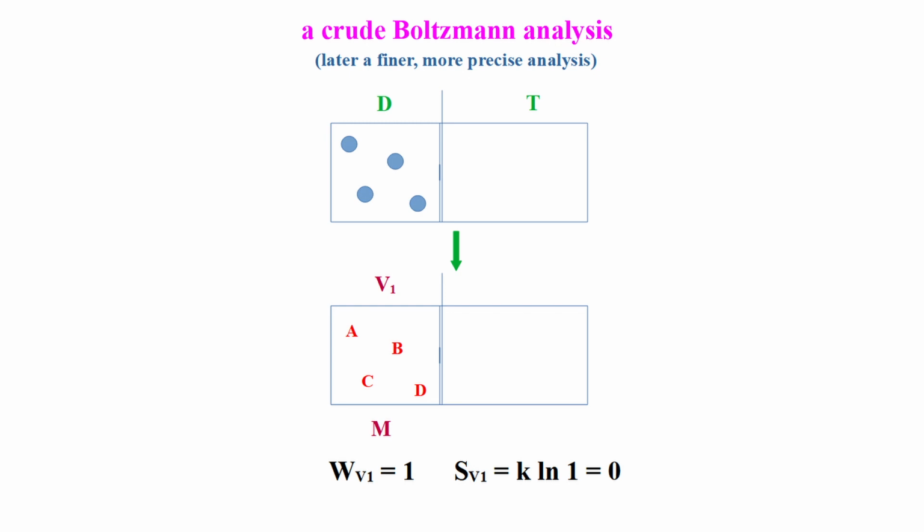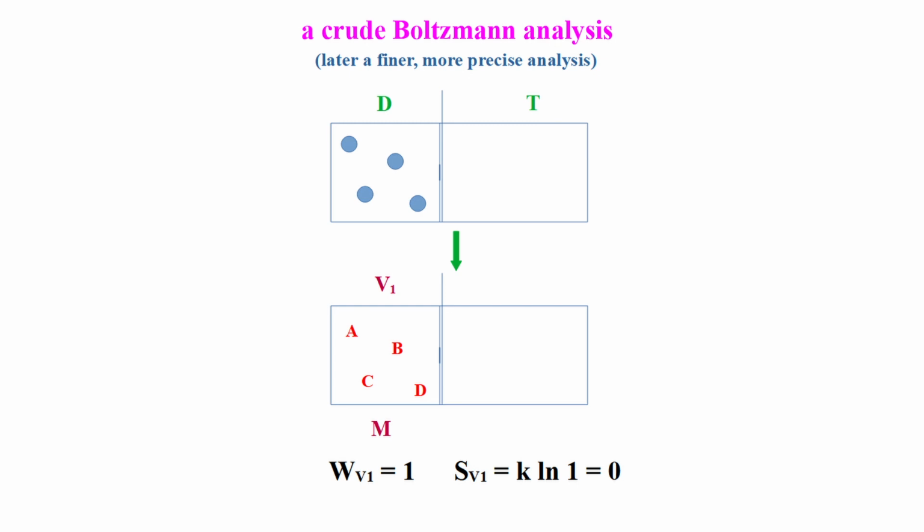All possibilities such as ABCD, CBAD, DBCA, etc. correspond to the same description of the macrostate, namely that A, B, C, and D are all in the left compartment and hence collapse into just one possibility.